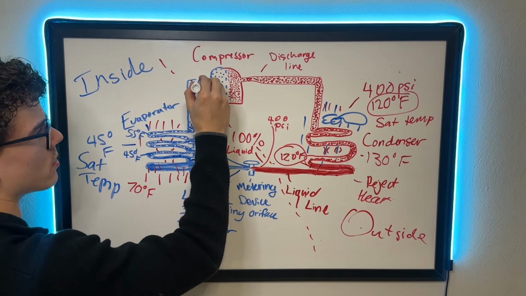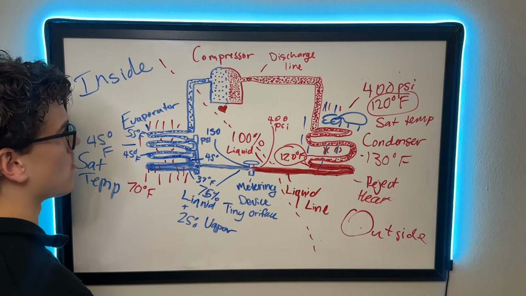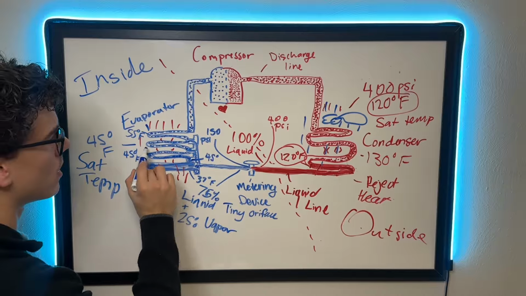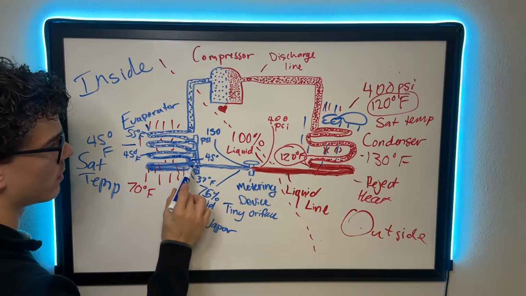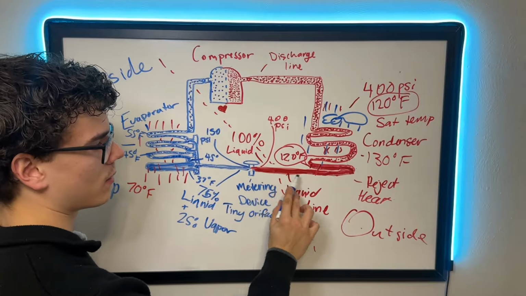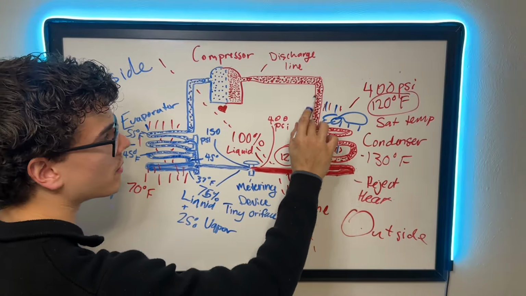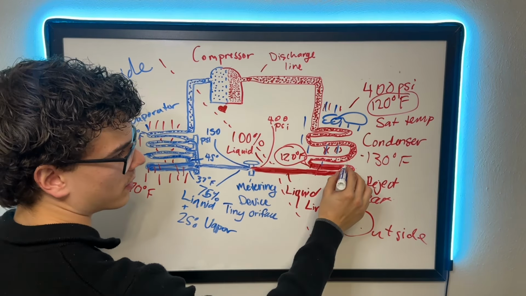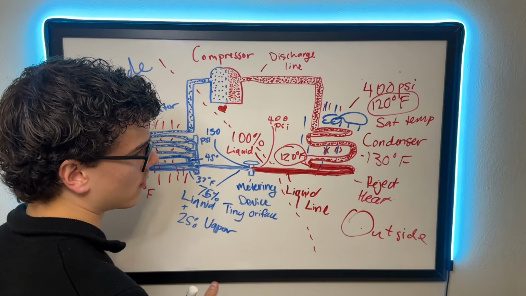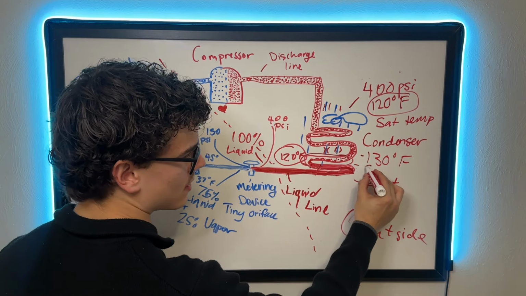as a low temperature, low pressure vapor. Right here we're a low temperature, low pressure vapor, low temperature, low pressure liquid, high temperature, high pressure liquid, high temperature, high pressure vapor, and actually from here to here, the state of the refrigerant is actually saturated.